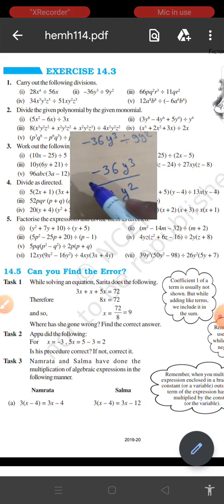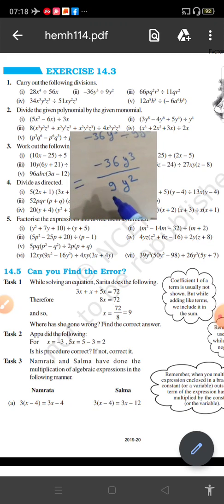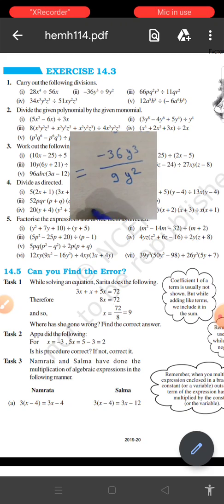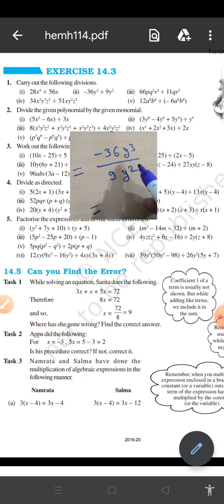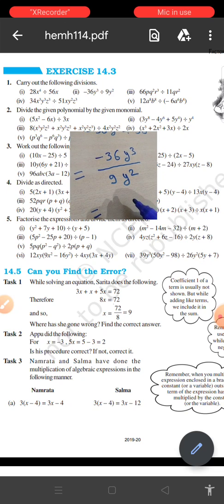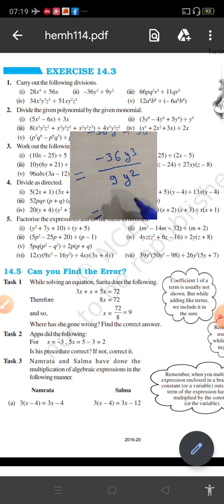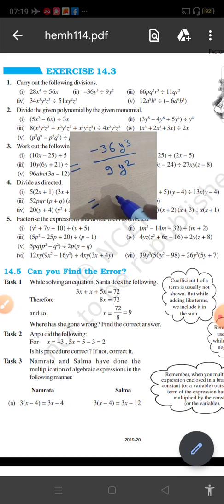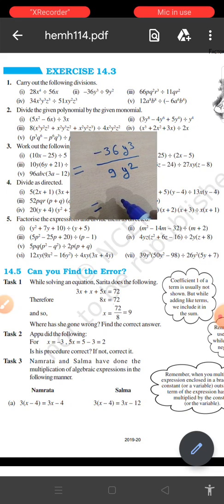And now you can write minus 36 as a product of irreducible factors. So you know 9 fours are 36.